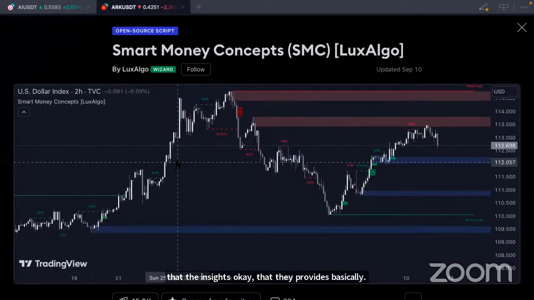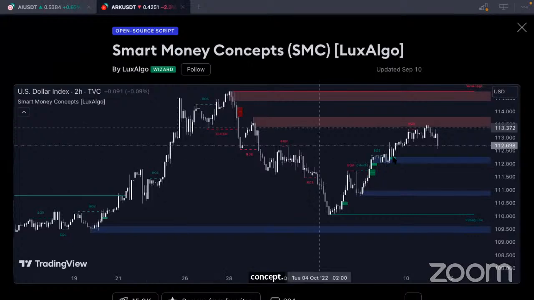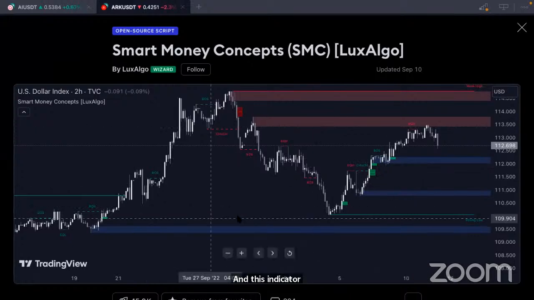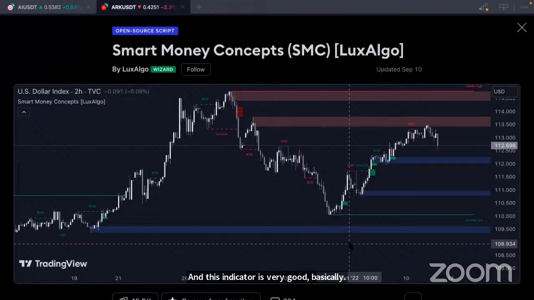The indicator is called smart money concept. And this indicator is very good basically, and it provides good areas. When we talk about smart money concept, this guy digs deep and tries to provide a conducive environment where most buyers or institutions buy into the market.